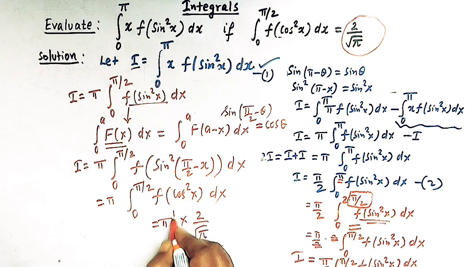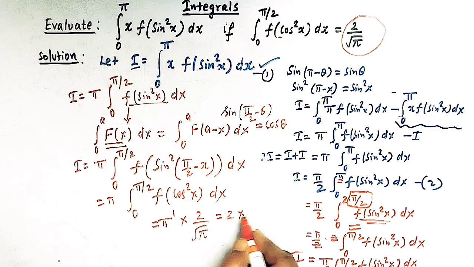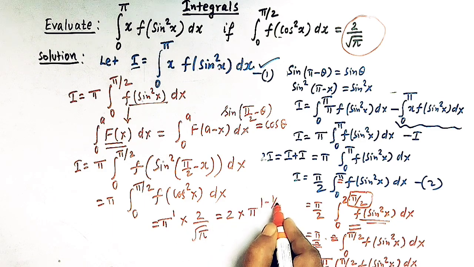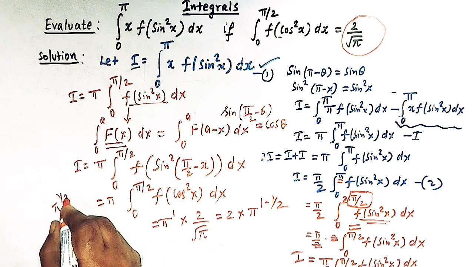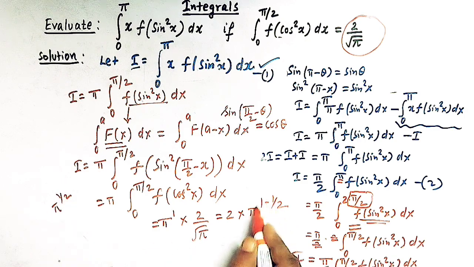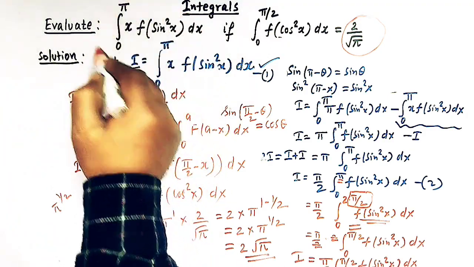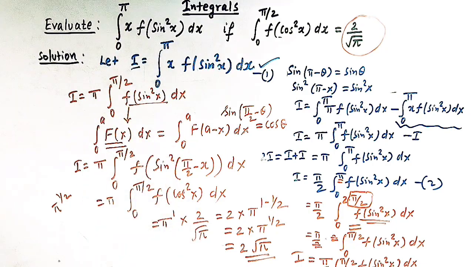And here we have pi raised to 1, so we have 2 times pi raised to 1 minus half, because square root of pi can be written as pi raised to half, and applying the properties of exponents, we have 2 times pi raised to half. So we have 2 times square root of pi, right? So the value of this integral I is equal to 2 times square root of pi.